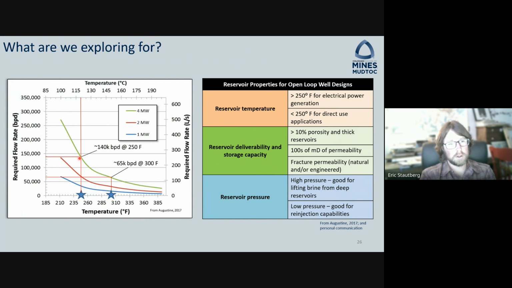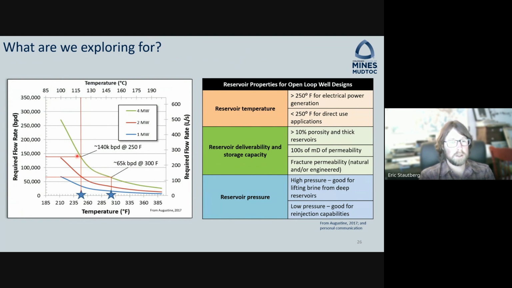And each one of these colored curves represents different amounts of electricity. So this green curve represents 4 megawatts of electricity. And so what this publication is suggesting is that at about 300 degrees Fahrenheit, we need about 65,000 barrels per day of total fluid to make 4 megawatts of electricity, which is a lot of water, obviously.